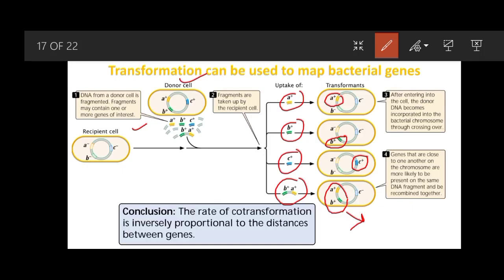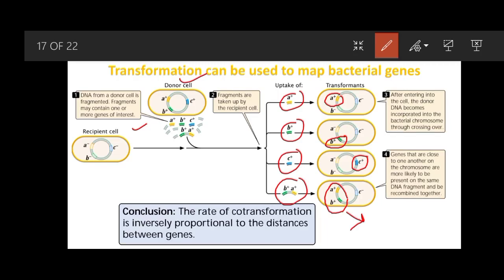So the genes that are close to one another on the chromosome are more likely to be present on the same DNA fragment, be recombined together, and go together. So the conclusion is that the rate of co-transformation is inversely proportional to the distance between the genes.